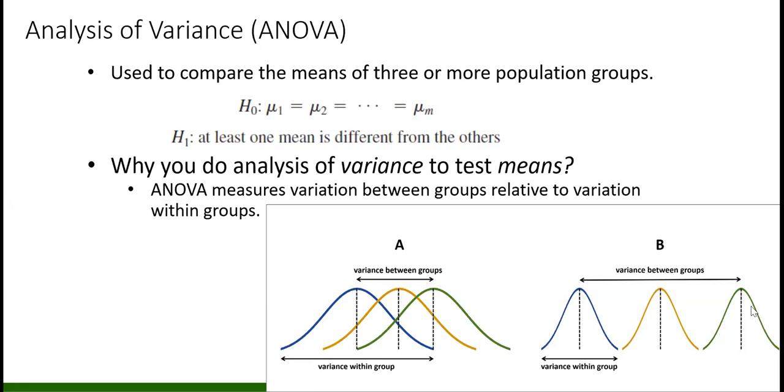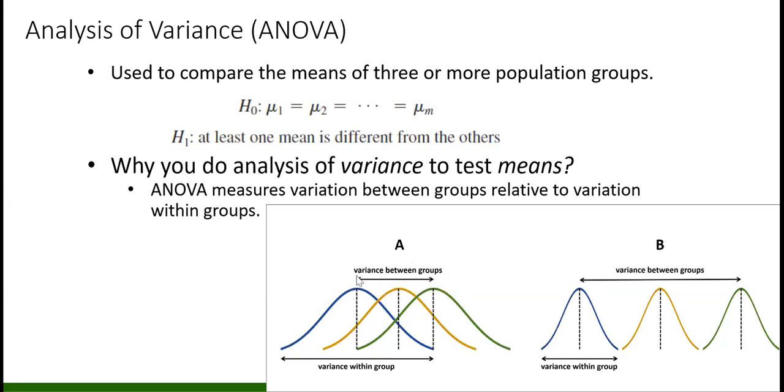Each color belongs to one population group, so we have three population groups in this example. We have the same thing in panel A.